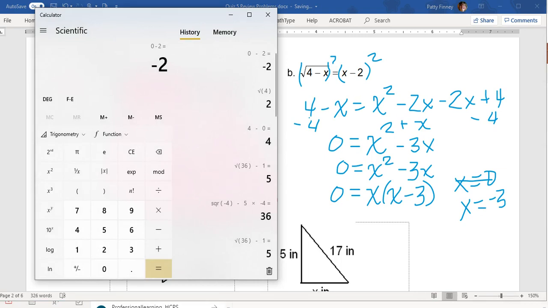So if I do 4 minus 3 negative, something didn't type right, clear. So 4 minus 3 negative, and I take the square root.